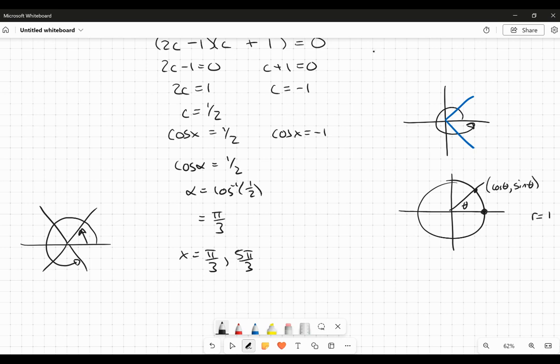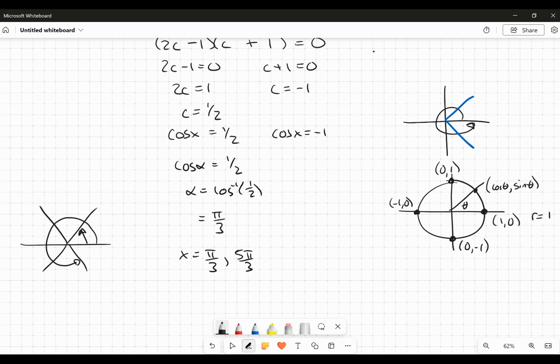So going around, the only places where the number 1 will actually show up on the points here are going to be at the extremes. That's just how this works here. So cosine and sine are the x and y coordinates of any point on the unit circle. And the only place the values of 1 show up here are going to be at these extremes.